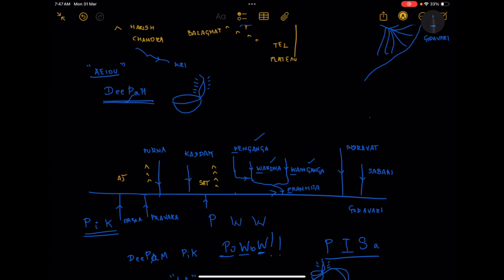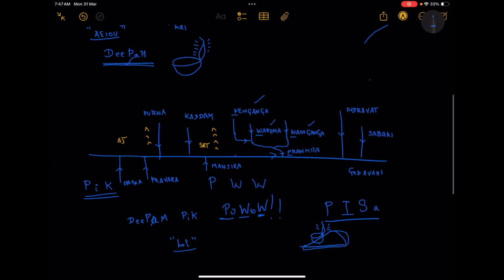That is, we have Manjira, M. So there you go. We have Deepam. Darna, Pravara, Manjira, and after that we are going to pick the Deepam, which is Purna, and then Kaddam.